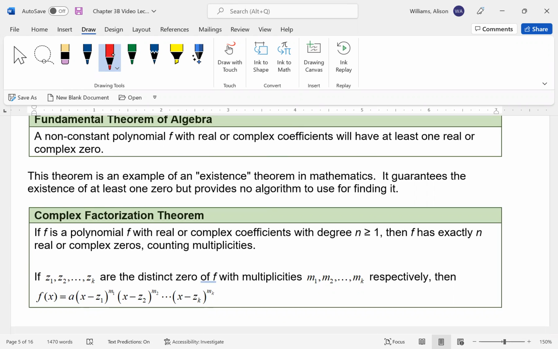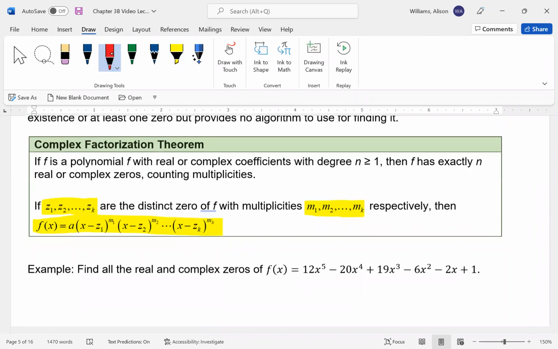What the complex factorization theorem says is that if we manage to find the zeros, like we just did in that example, they called them Z1, Z2, all the way down to ZK with different multiplicities, that means we can set up the function in factored form, with the complex zeros. It's just not going to look as pretty as it might when we're working with real zeros or nice whole number zeros or even fraction zeros.